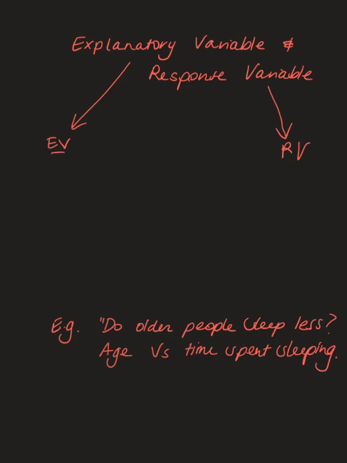These can be shortened to EV and RV. A way to think about it is the explanatory variable explains and the response variable responds. That's why they have their names.